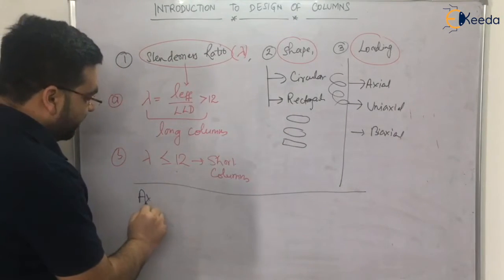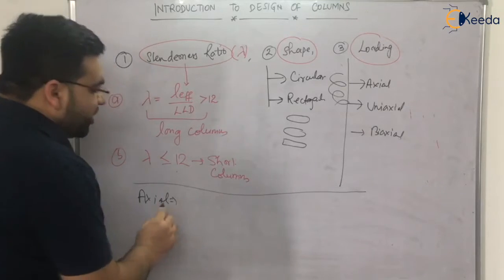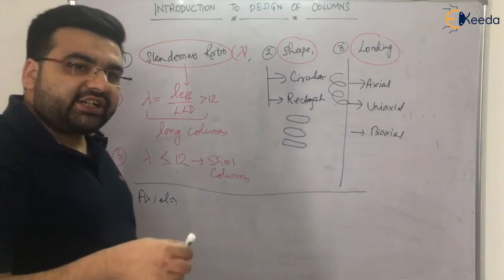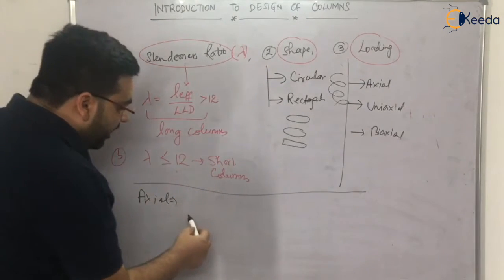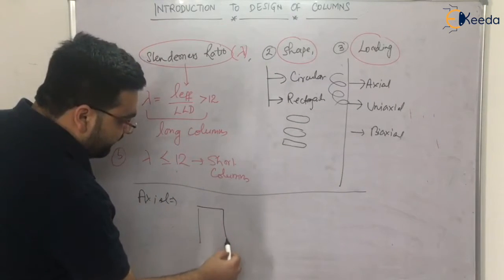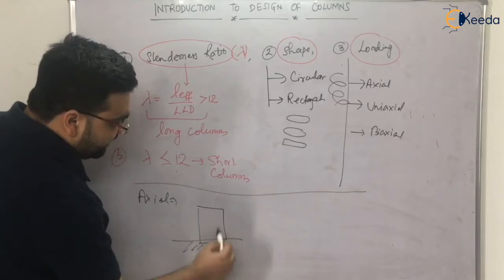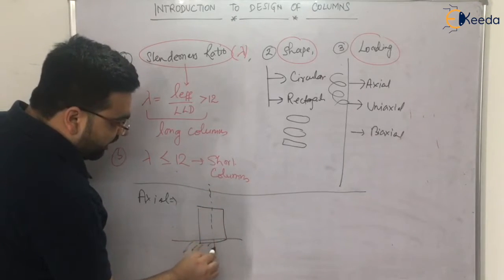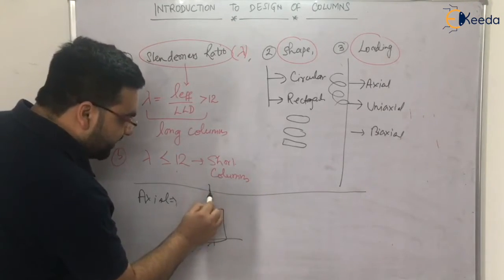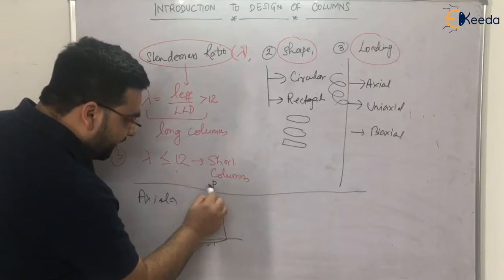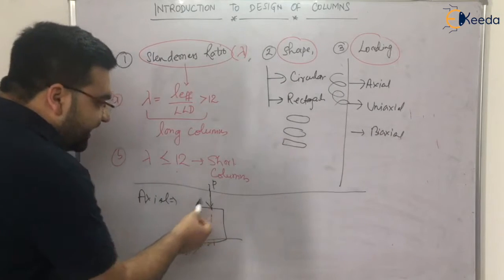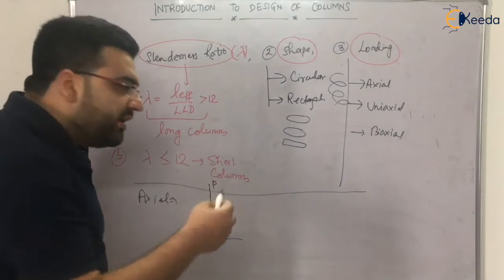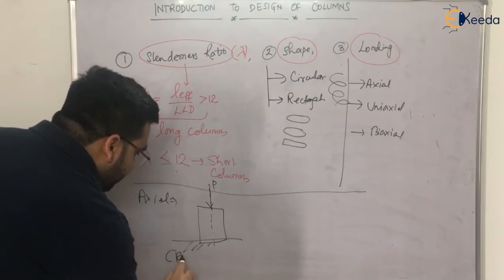In axial columns, the force is acting at the center of gravity, or at the center of the column. For example, let us say this is a foundation level and this is a column. This is the center of the column. If the force P is acting just on this center, these types of columns are known as axial columns, and they generally fail in crushing.